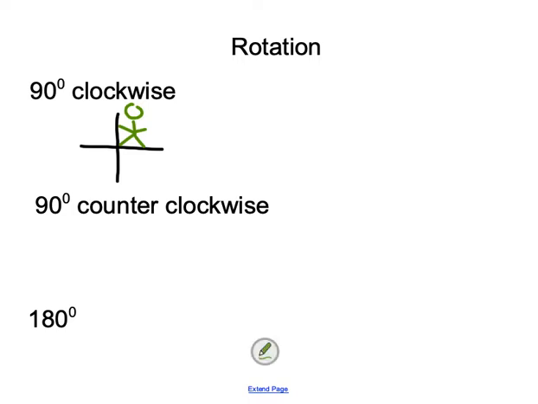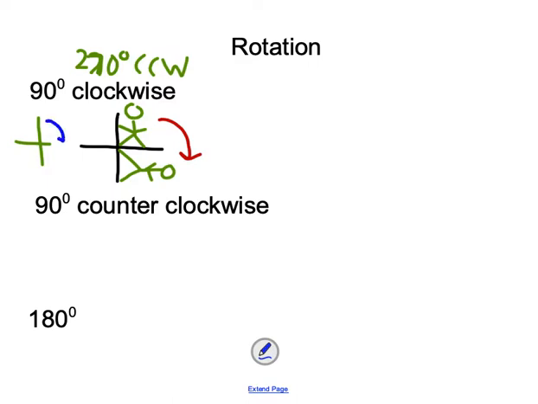To go 90 degrees clockwise, he's going to end up in quadrant 4 because you've moved 90 degrees clockwise. It'd be important to remember that 90 degrees clockwise would be considered 270 degrees counterclockwise. So 90 degrees clockwise and 270 counterclockwise will end you at the same spot.